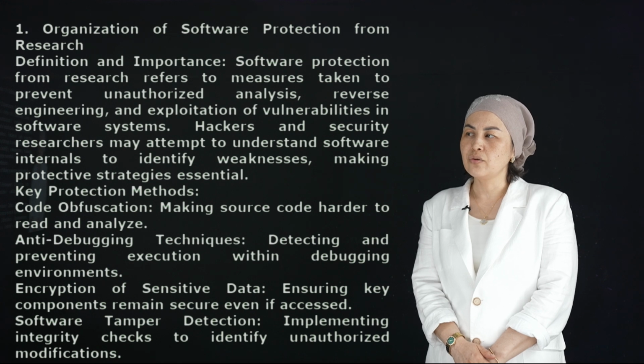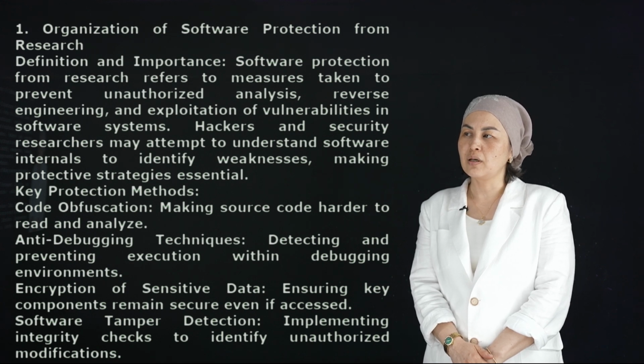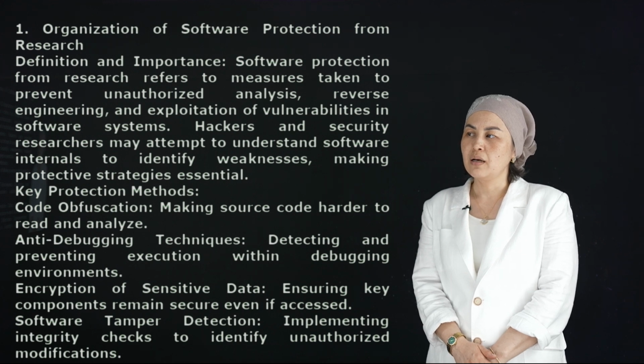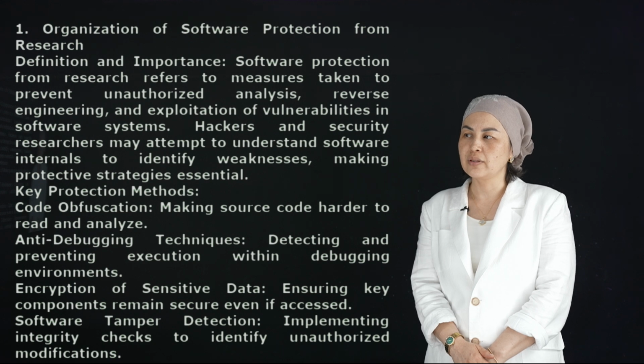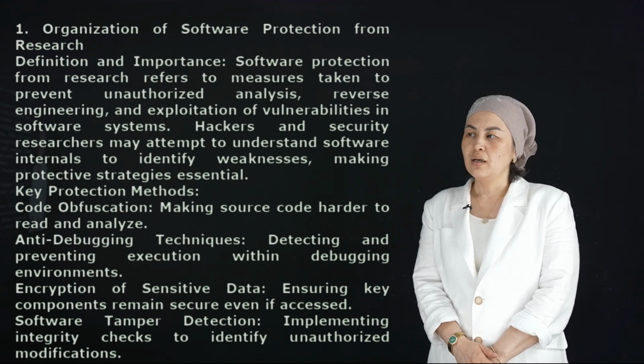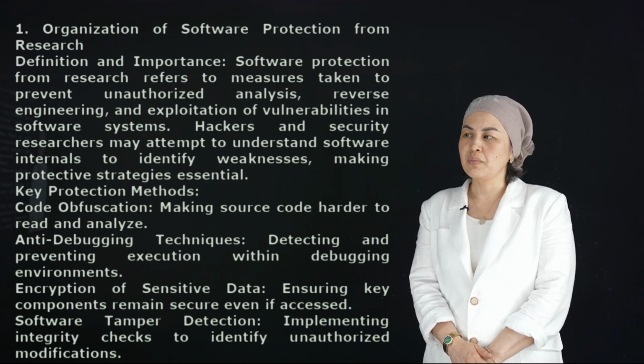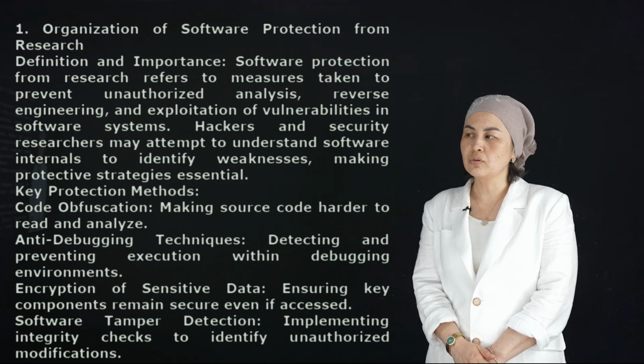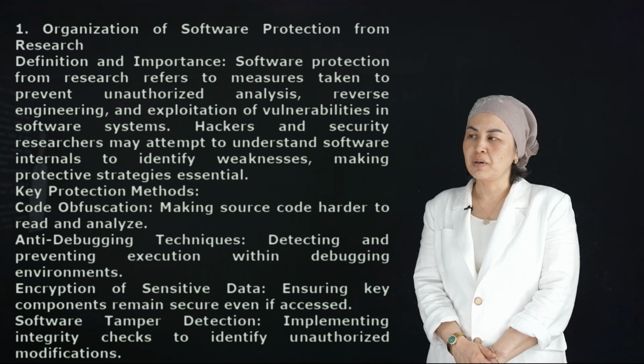Hackers and security researchers may attempt to understand software internals to identify weaknesses, making protective strategies essential. The key protection methods are code obfuscation, anti-debugging techniques, encryption of sensitive data, and software tamper detection.